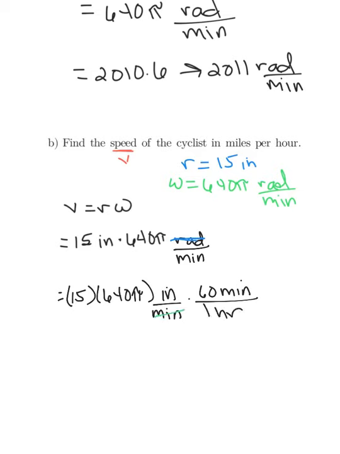So now the minutes are gone. Looking at what we have now then, we have 15 times 640 pi times 60, and we have inches per hour. I'm not going to write the divided by 1 because that doesn't have any effect on anything.